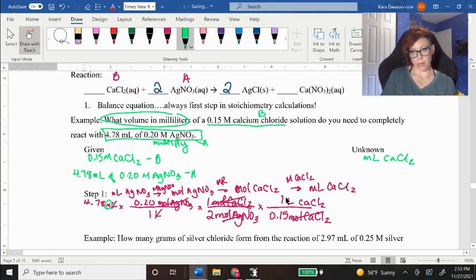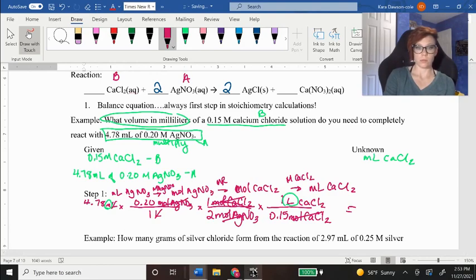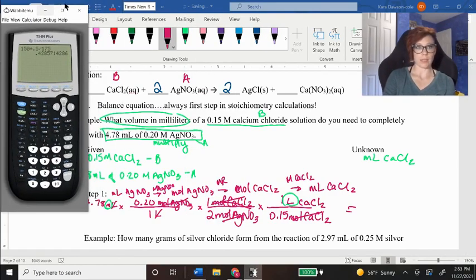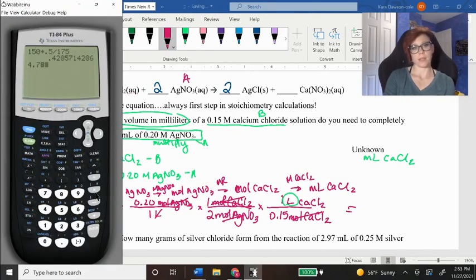So this is going to wind up being in milliliters. And this is going to equal, so I have 4.78 times 0.2 divided by 2 divided by 0.15.